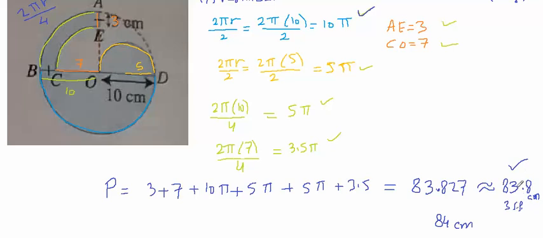Okay, so this was the question about the perimeter and the area of this shape. So this shape is actually, if I draw it clearly, like this, and then here we have a semicircle. So we have to find the area and the perimeter of this shape.